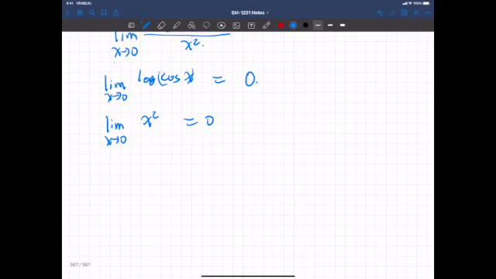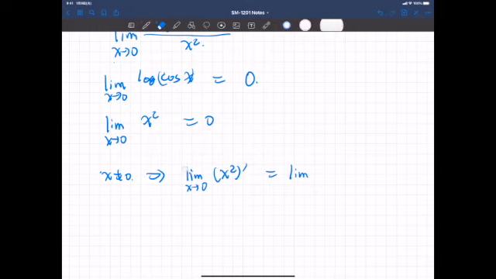And the second condition, as long as x is not exactly 0, then the derivative of x squared, x squared prime, is 2x, which is not 0 as long as x is not 0.